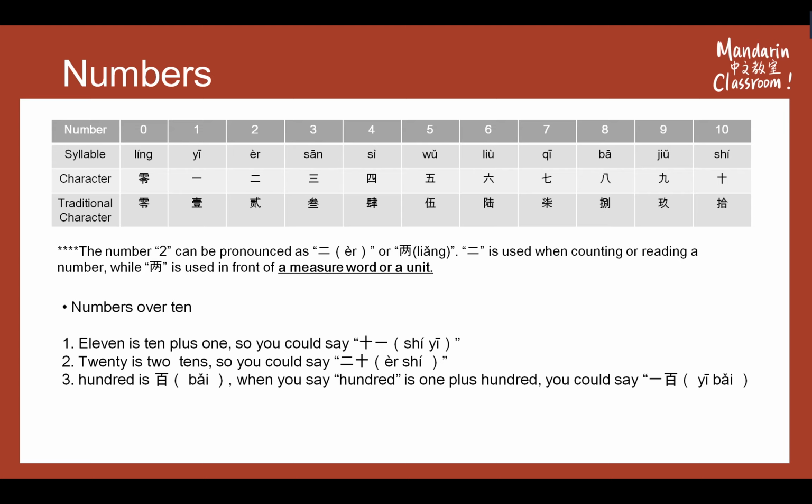There is a point you have to pay attention to. You can see the explanation under the form. The number 2 can be pronounced as 二 or 两. So actually 2 has 2 types, but they have a difference. 二 is used when counting or reading a number, so 二 is only for number 2 without the others, while 两 is used in front of a measure word or unit.